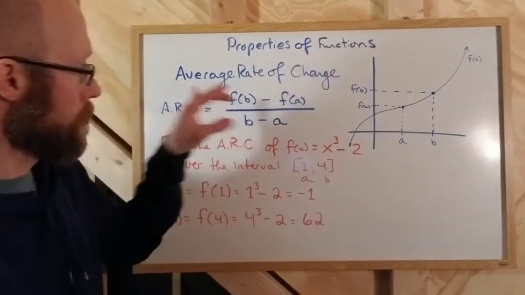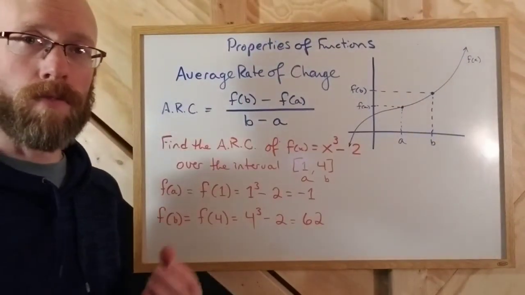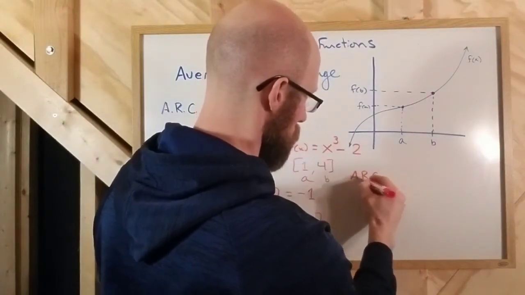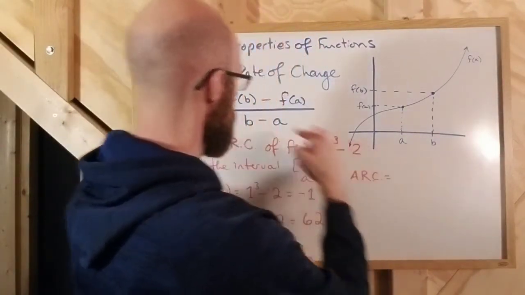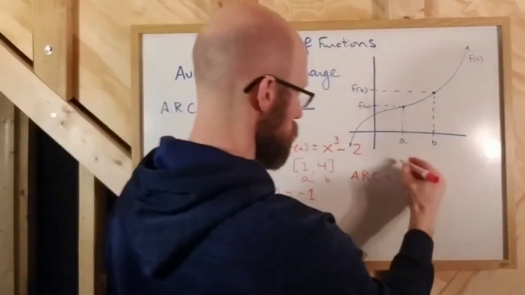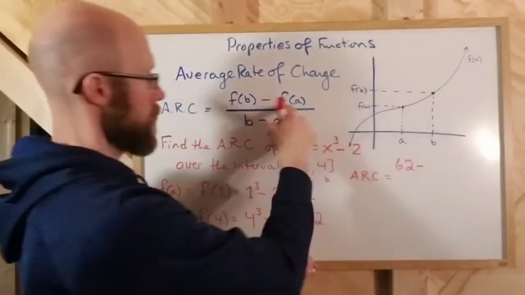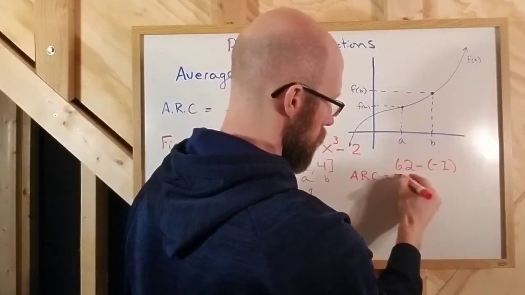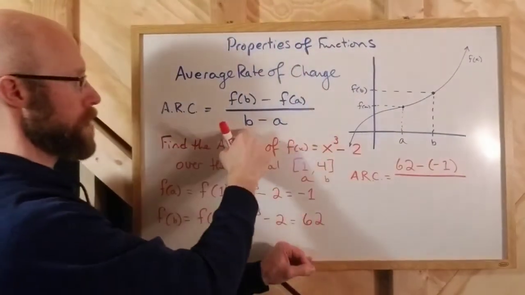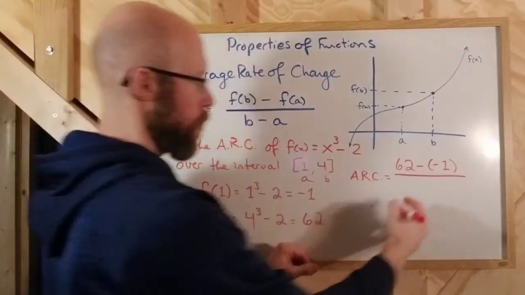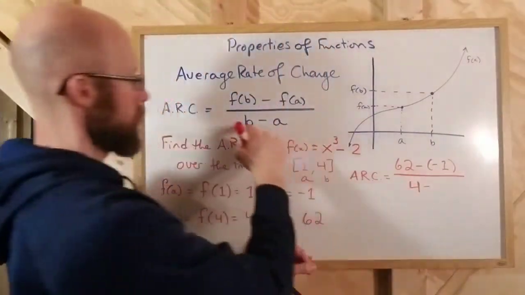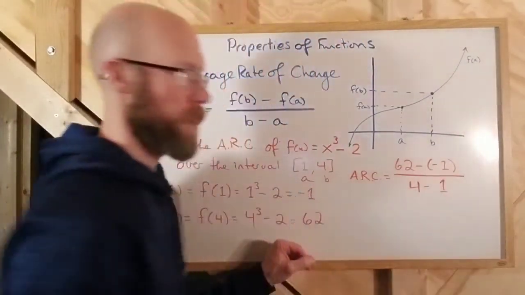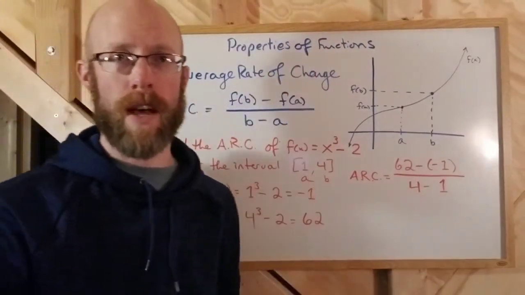And so I plug everything in now to my formula. The average rate of change is going to be f of b, which is 62, minus f of a, which is negative 1, all over b, which was 4, minus a, which is 1. So I filled in my four values.